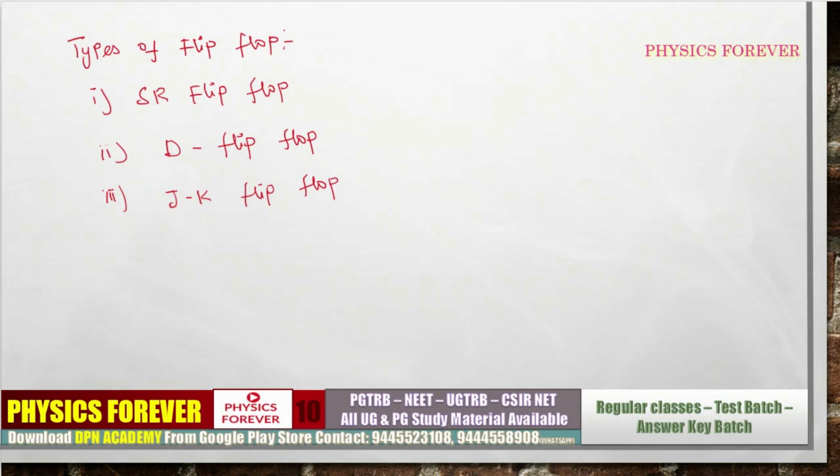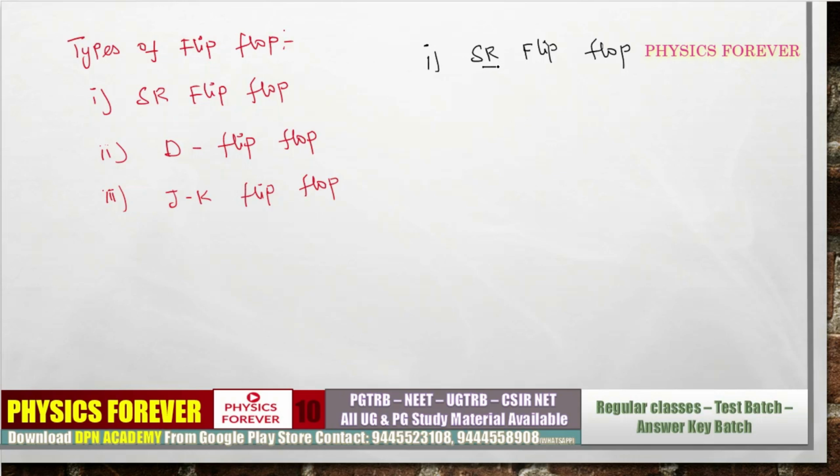So first we discuss the first one, that is the SR flip-flop. The SR flip-flop diagram is not needed for the MCQ, okay. We just have to understand the truth table, okay.